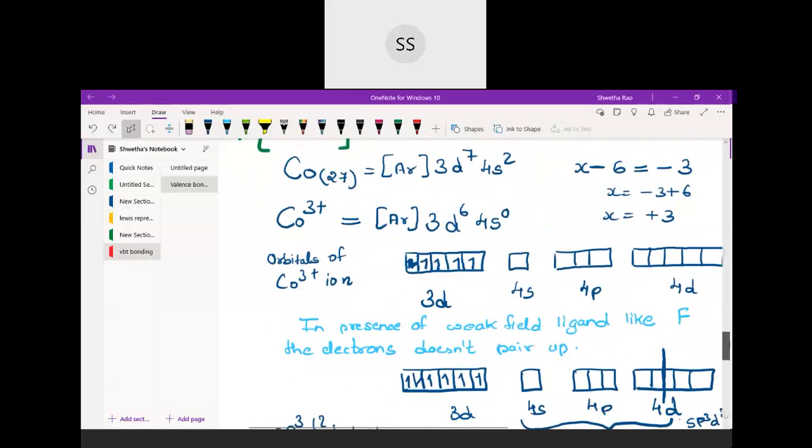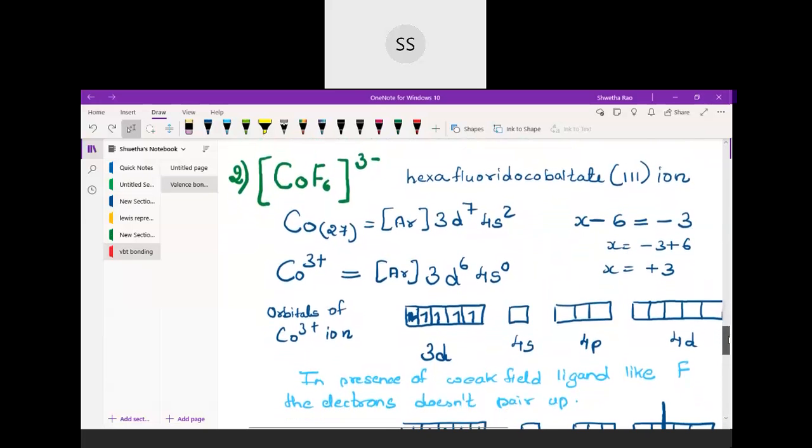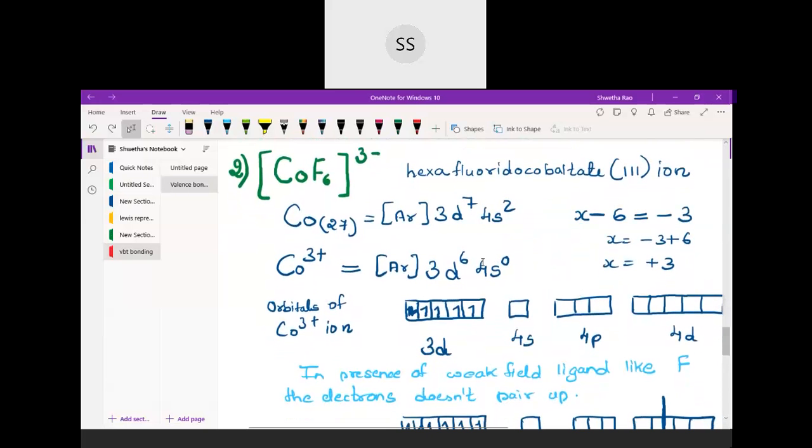See from the beginning with CoF6 3 minus. First thing what you have to do when a complex is given to you, find out what is the oxidation state of it. Okay, so you can see the oxidation state I have found out here. Okay, cobalt is X. Fluoride ion, you need to remember fluoride ion oxidation state is -1. Okay, only one ammonia ligand you are having, rest all the ligands are having a -1 charge.